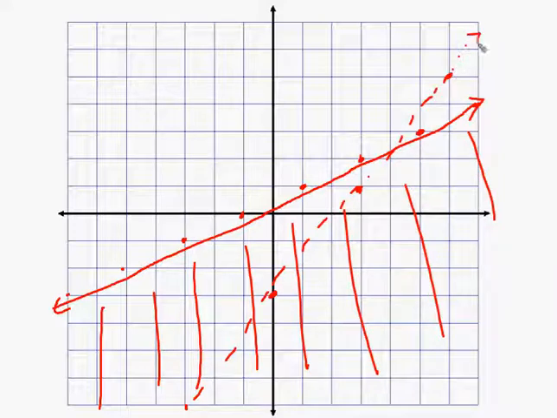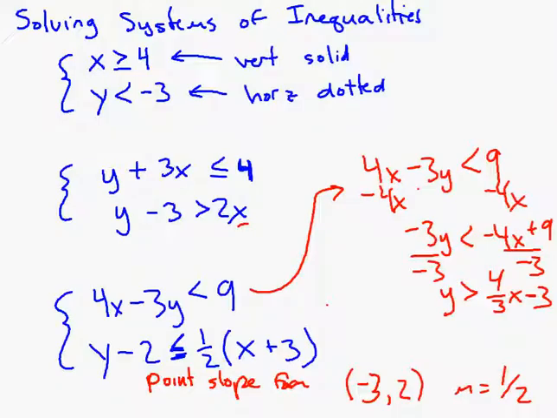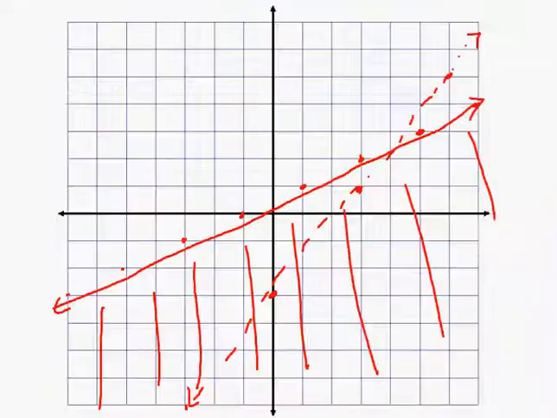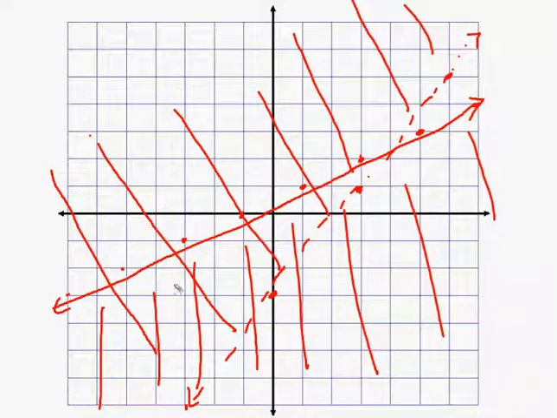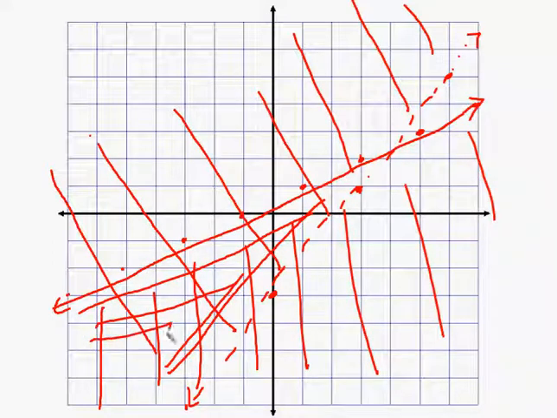So don't forget, dotted and solid. Easy points to miss. And I'm going to shade above that line. And I see my overlap is right here in this area. That's my overlapped area, so that's the answer.